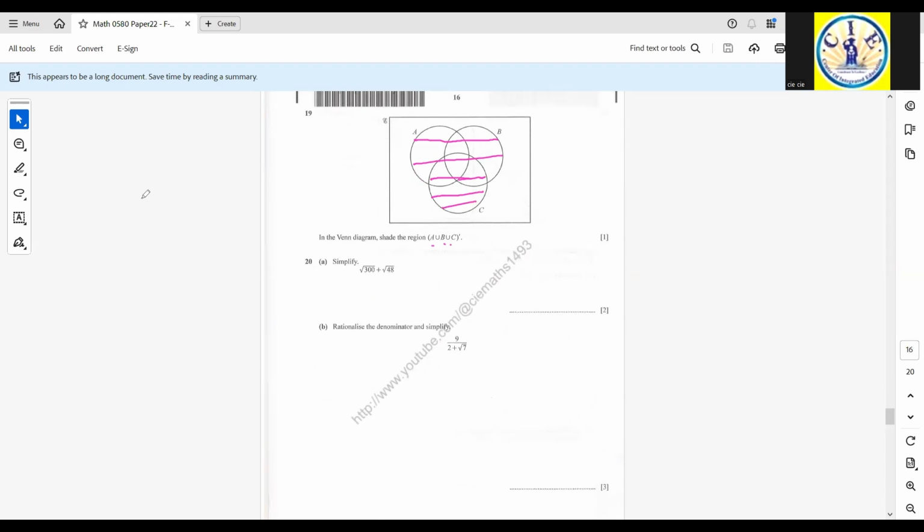That means I need to shade this portion. This is a portion that needs to be shaded. Excluding this. So this is the required shaded region.